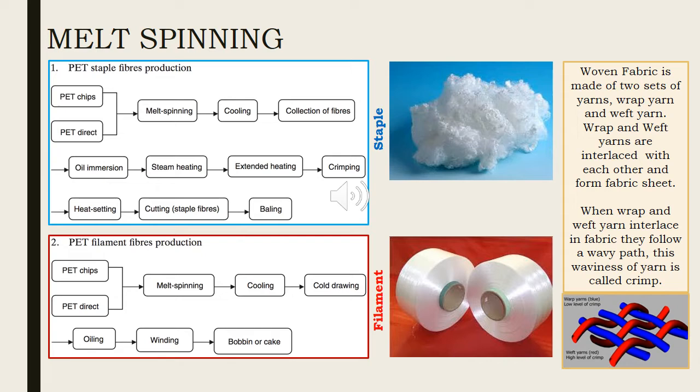The fourth step in filament fiber is cold drawing. It is a manufacturing process in which fiber is pulled through a die without preheating. Cold drawing changes the mechanical properties of fiber and gives the final product a bright finish.